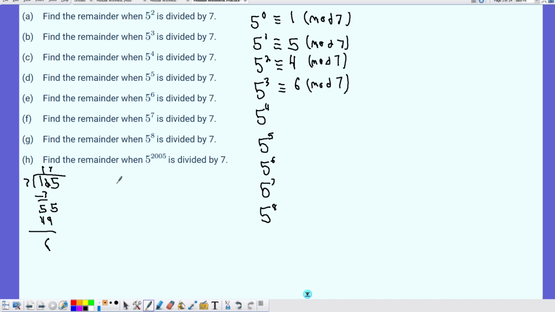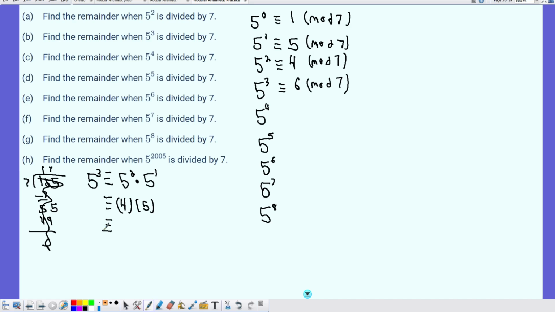Well, we could use the properties of our product. For instance, instead of doing all of this mumbo jumbo, 5 to the third is just the same as 5 squared times 5 to the first. Utilizing our multiplication properties, I know 5 squared is 4, and I know 5 to the first is 5.